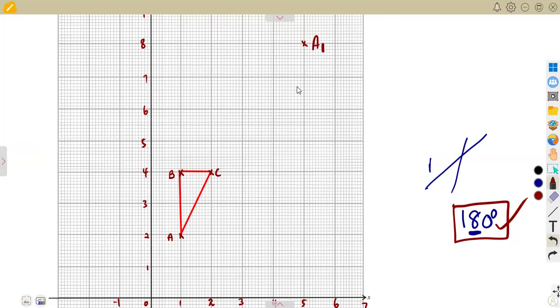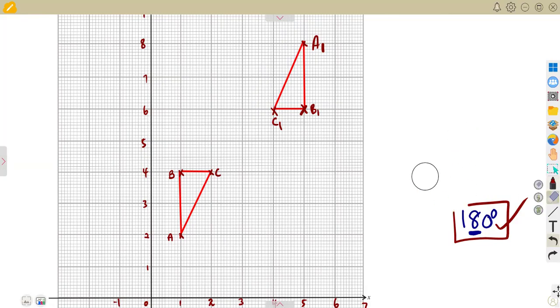And B1, 5 versus 6, which is our B1, and C1, which is 4 versus 6. And you also join these to form a triangle, just like this. So this is what you're going to have at the end.